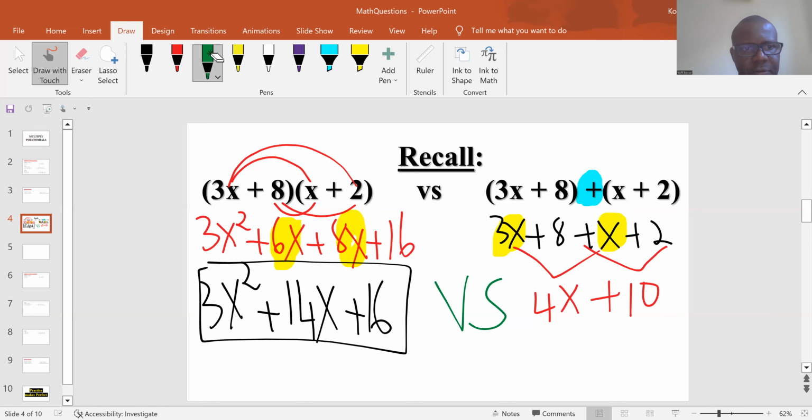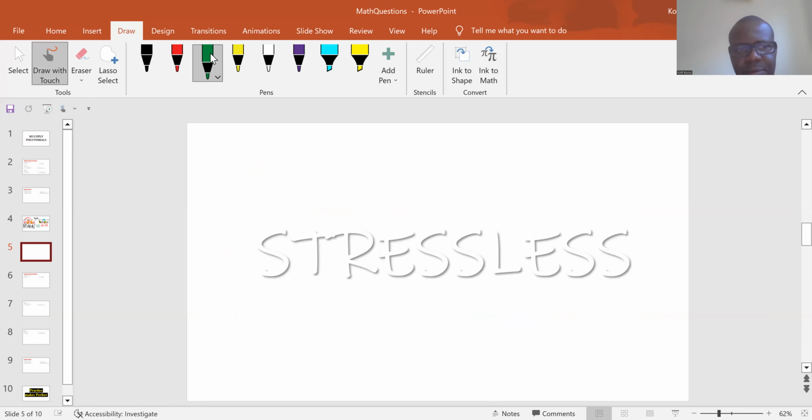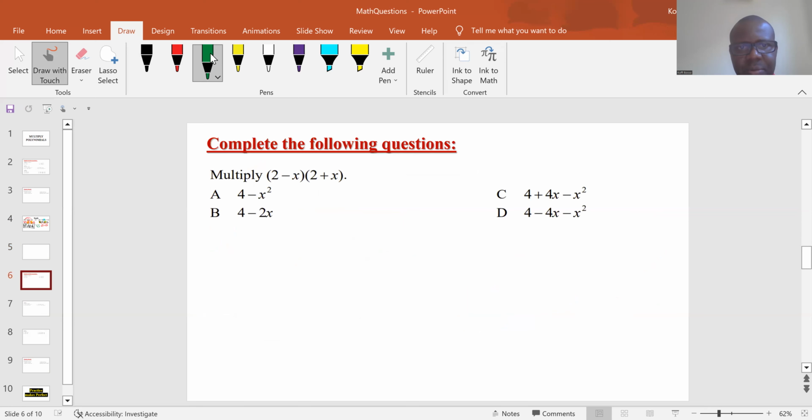Let's solve the questions. So this is time for stressless, relax, and let's work on these problems. Multiply 2 minus x times 2 plus x.